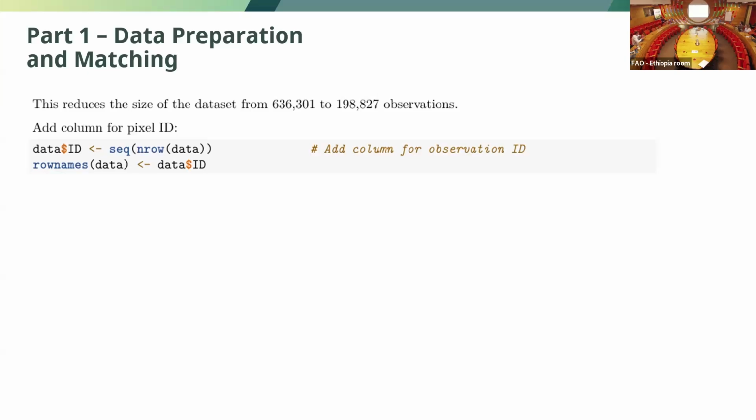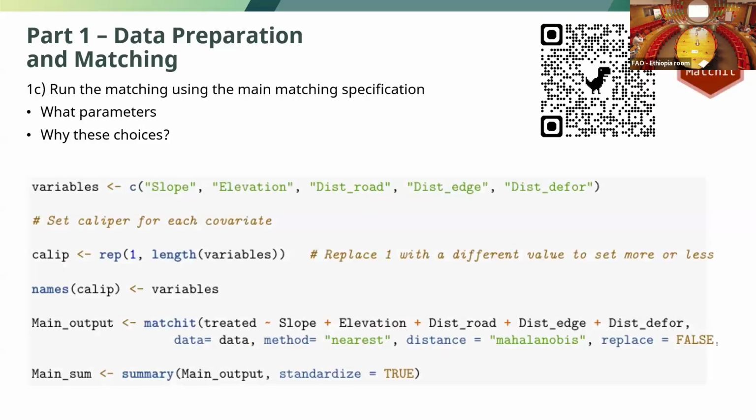So we use matching to select a subset of samples from the comparison area that are as similar as possible to the treated sample in these 5 variables that we hypothesize influence the allocation of the treatment, which is the offset protection, and outcomes. Because if we didn't control for these things, any difference in deforestation could be because the comparison sample is just different to the treated sample and has nothing to do with the offset program at all.